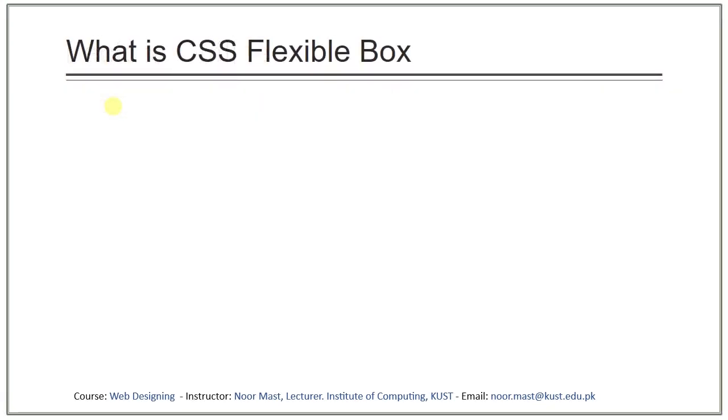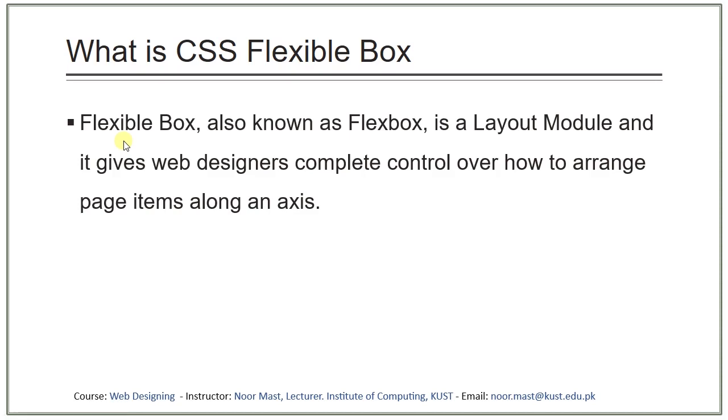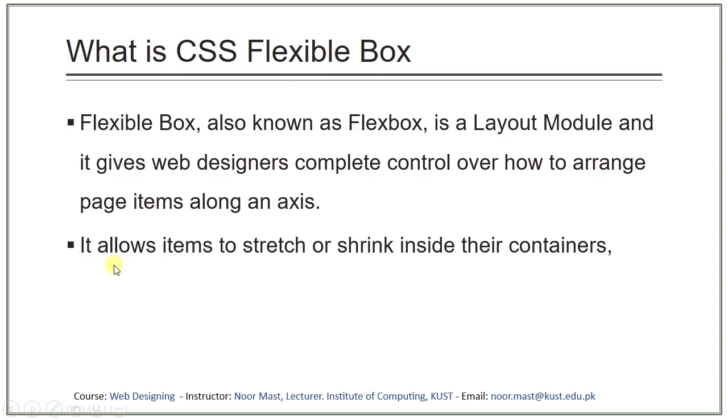What is CSS Flexible Box? Flexible box, commonly referred to as Flexbox, is a layout module introduced in CSS3 for creating flexible user interface design with multiple rows and columns, without using percentage or fixed-length values. It is designed to provide a better way to lay out, align, and distribute space among items in a container.